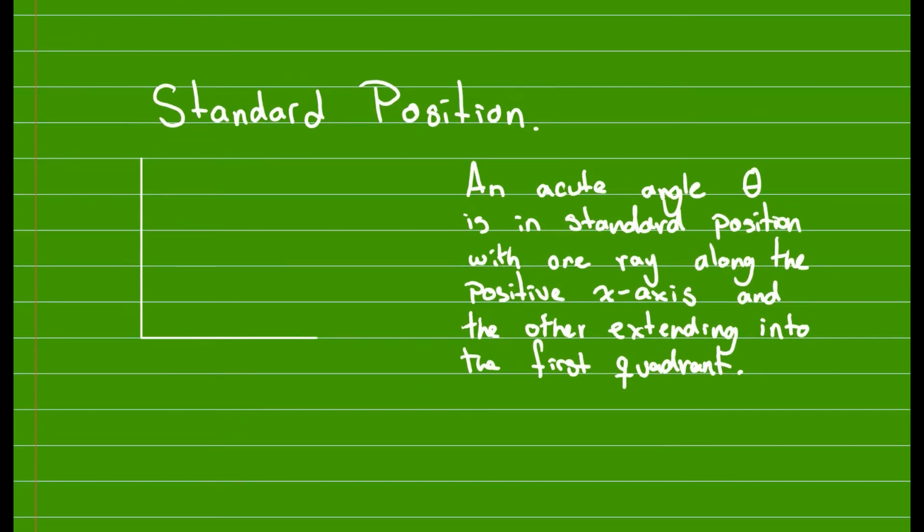What is standard position? It is key for you to understand the standard position of an angle. An acute angle theta is in standard position with one ray along the positive x-axis and the other extending into the first quadrant. So what does that mean? That means this is my first ray, and it's going to open this way up, it's going to rotate.